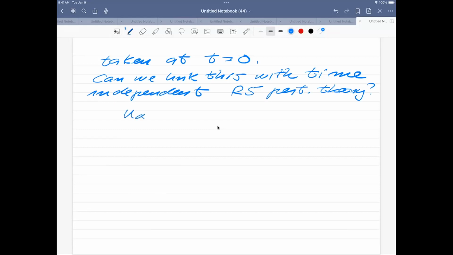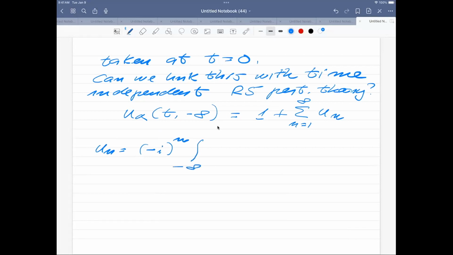So if I look at this operator u, the time evolution operator from minus infinity, we can write this out as 1 plus a series of terms where I simply sum from n equal 1 to infinity, and then I have a u of n here. And this u of n is, if I go back to the definition of this time evolution operator, nothing but a series of integrals from minus infinity to time t, and then I have an h of I of t1 dt1.